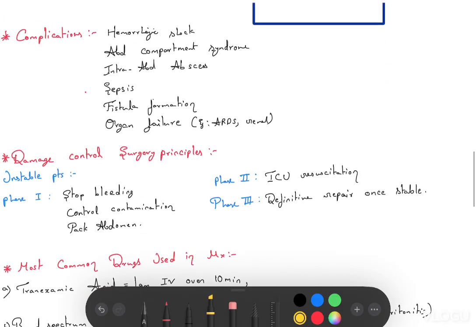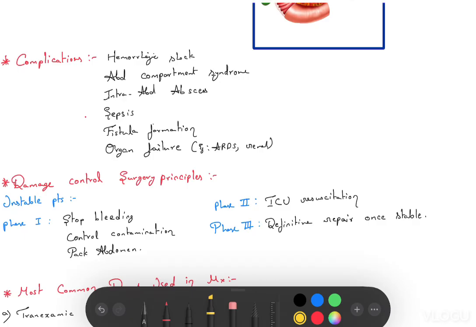Next we can see some complications. Whenever the doctor asks about complications, we have to divide them into two types, early and late. In early complications, the patient will get bleeding, missed injuries, sepsis, anastomotic leak, and abdominal compartment syndrome.